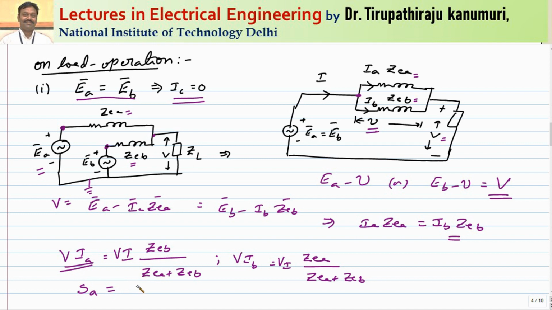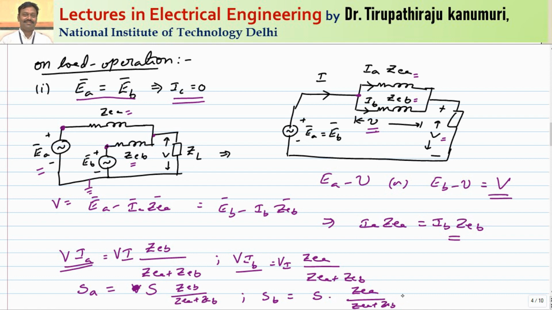This will be equal to V multiplied by I, which let us represent as the load power or load kVA S, so that is equal to S multiplied by ZEB divided by ZEA plus ZEB. Similarly, the power supplied by the second transformer will be equal to the overall kVA multiplied by ZEA divided by ZEA plus ZEB.